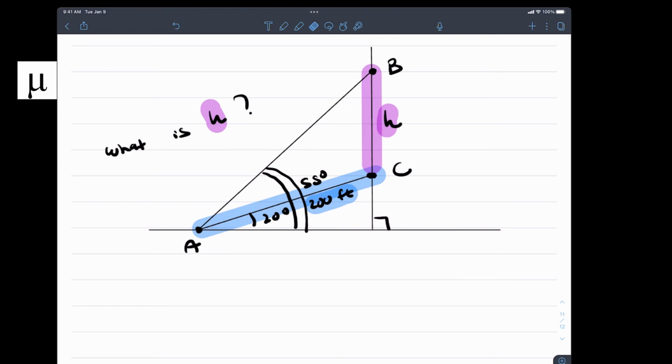I'm going to give you a hint. I make the claim here: you have angle, side, angle.